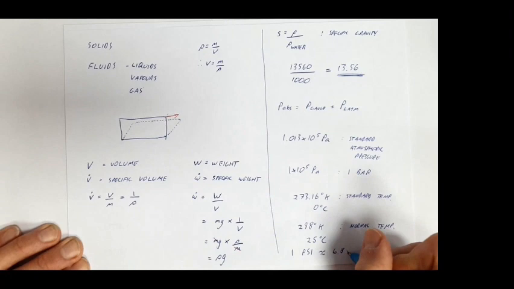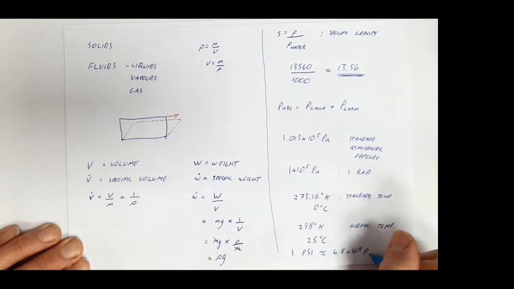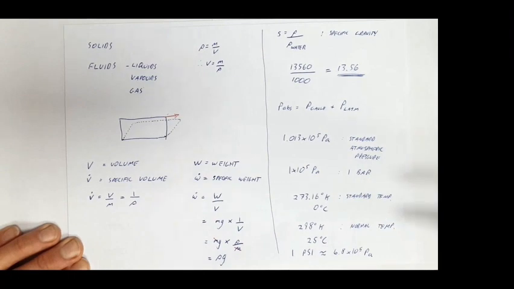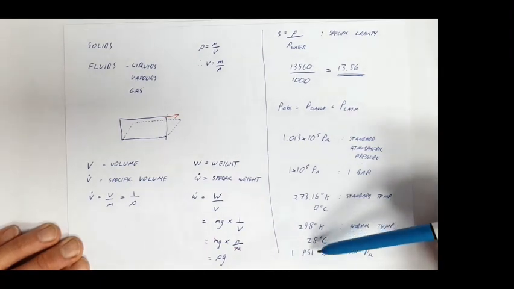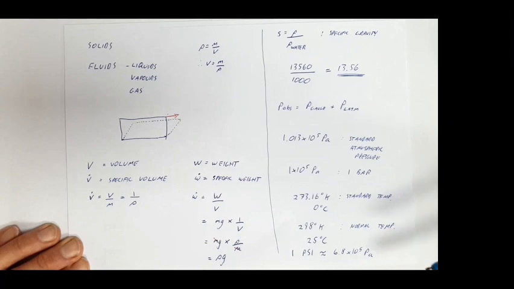So we can relate, when we're pumping up a tire for example and talking about the gauge pressure, 1 psi to approximately 6.8 times 10 to the 3 pascals.